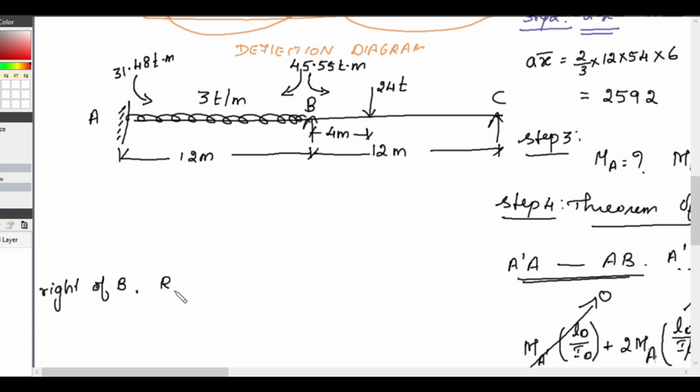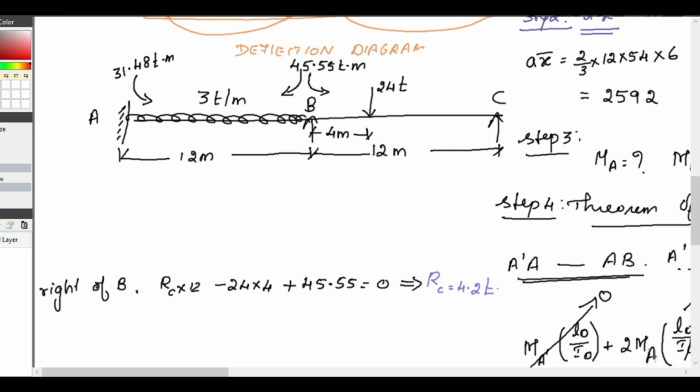So RC into 12 minus 24 into 4. Now this is positive, so plus 45.55 is equal to 0. We get RC is equal to 4.2 tons.